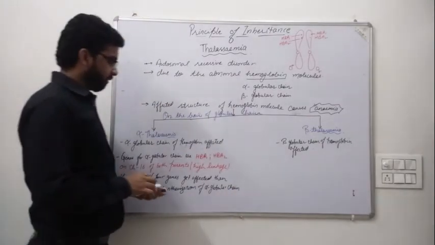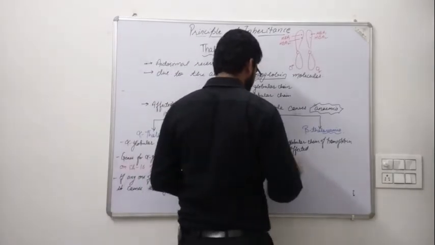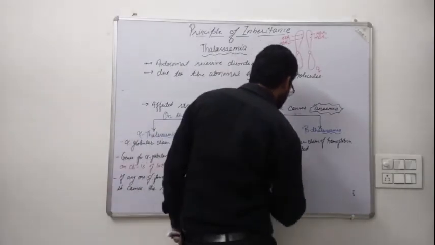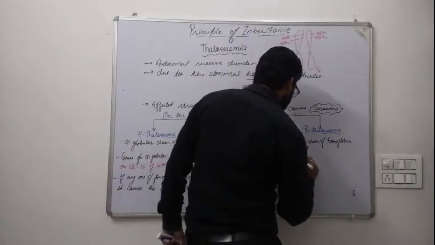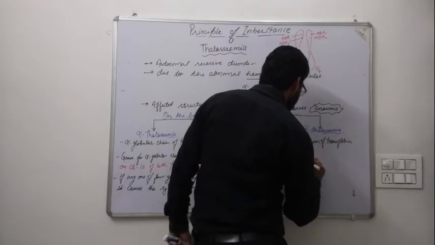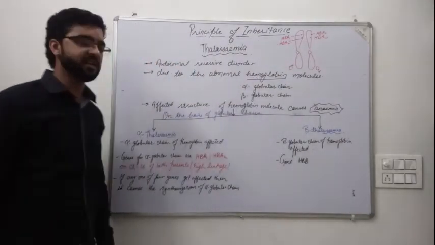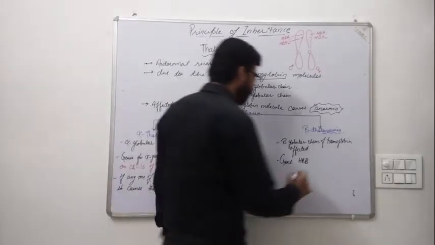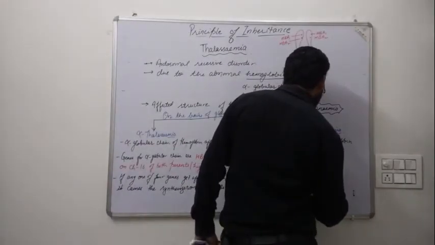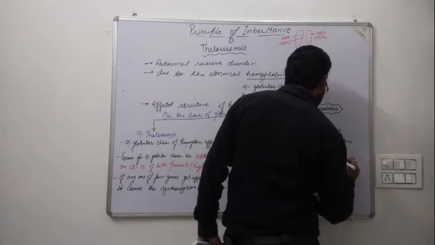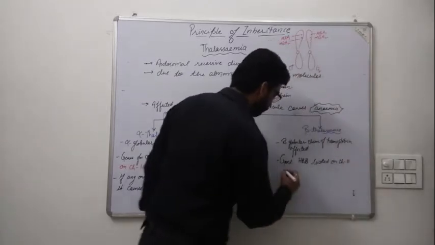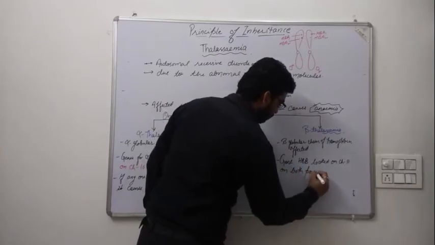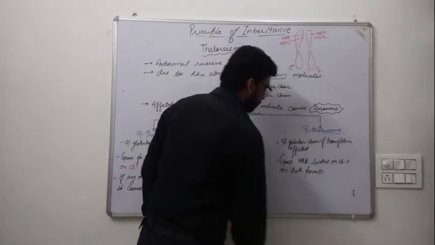On the other hand, for beta, the gene is HBB, which is located on chromosome number 11 on both parents.